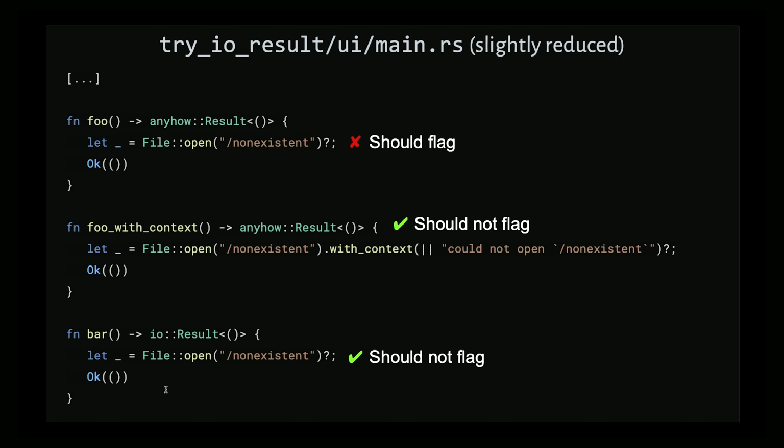File open returns an EuroRust, bar returns an EuroRust, so there's not much more bar could do than just return that error. Second, this is a case where we're assuming the programmer has done this on purpose. We could lint and say you should change the return type, but there's a chance that the programmer did this on purpose. This is a case where we assume they did this on purpose, and we don't warn just to save annoying the user with false positives.